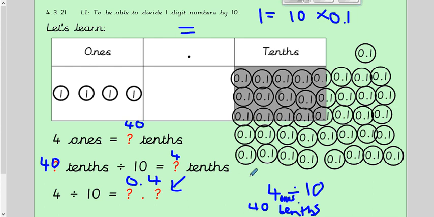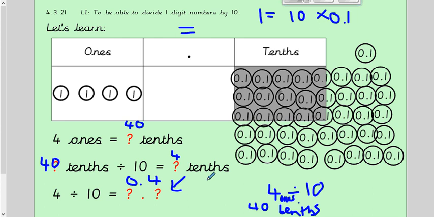Okay, there's a lot of steps there, but it is all quite explanatory because it's just saying that 4 ones is the same as 40 tenths. We know that because you can see that this is the same as this over here. So then instead of doing 4 ones divided by 10, we're just using 40 tenths instead. So 40 tenths divided by 10 is 4 tenths. Therefore, 4 divided by 10 is 0.4, which is just 4 tenths, just written as a decimal.